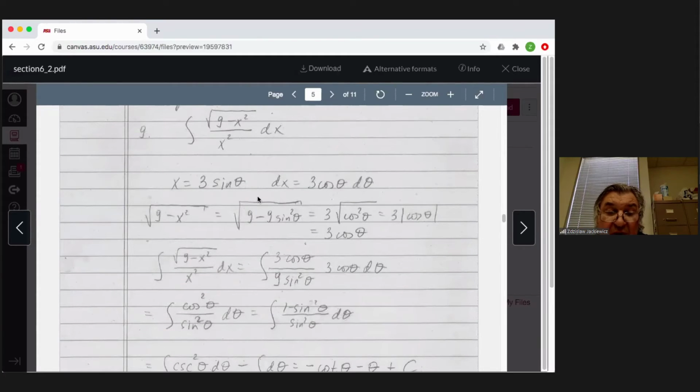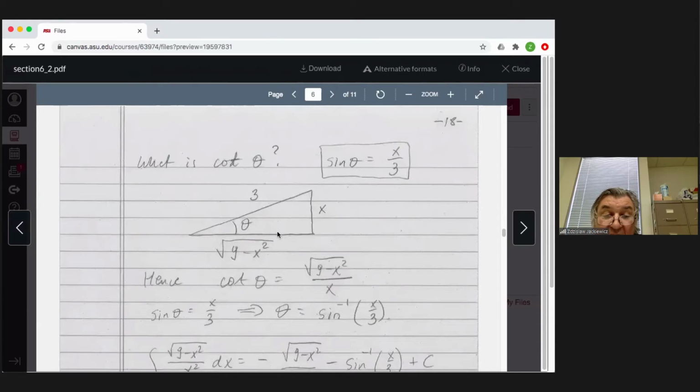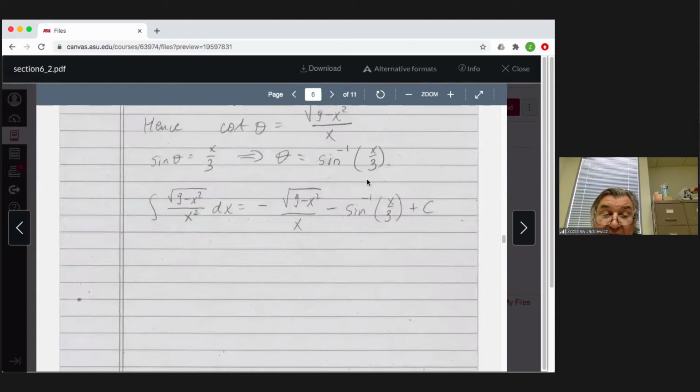Here you have those details on the notes. If you miss something, you have this thing, and here is this: minus cotangent minus theta. Here is this right triangle, and so on, and here is the answer. So all the details are on the slides.